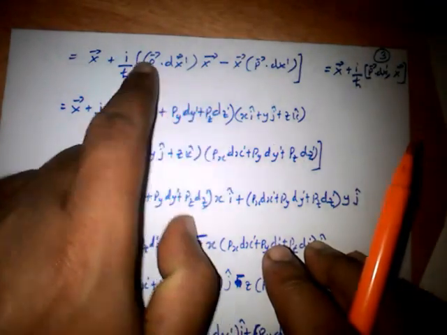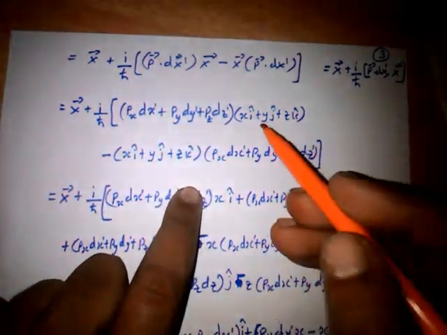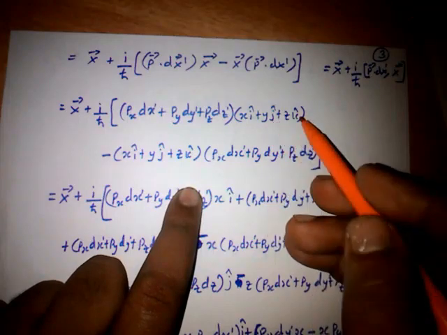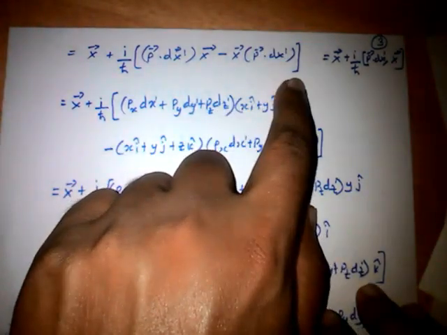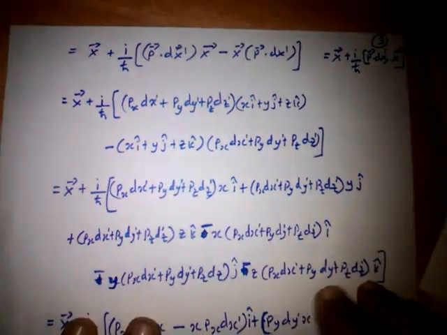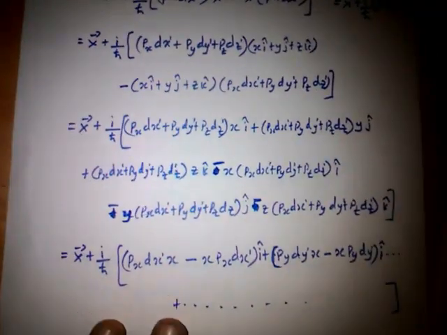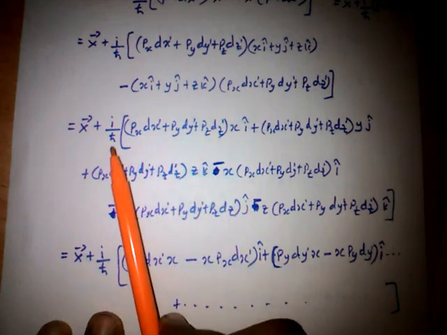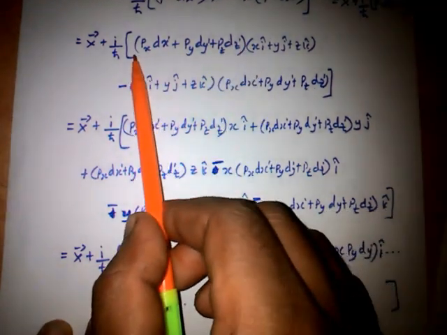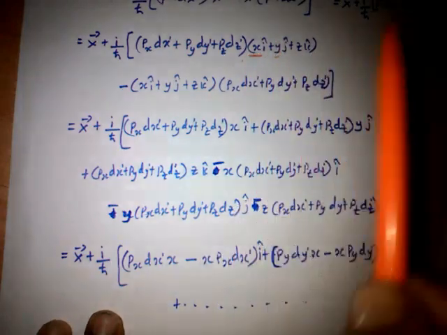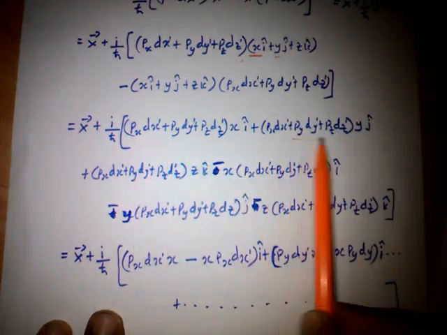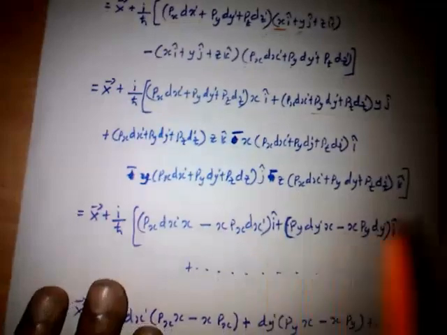So px dx' plus py dy' plus pz dz', that is p·dx', and x i plus y j plus z k, minus the next term expanded like this. Then we need to multiply this with each term x, y, z. That is happening in these steps, and we have done it.